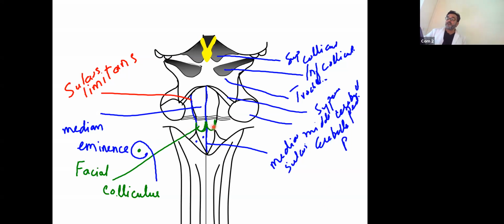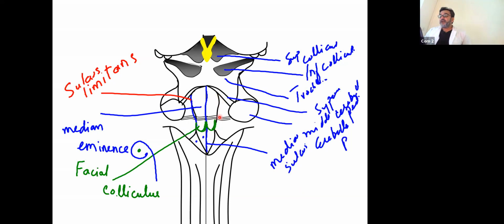The lower part of the median eminence forms a collar-shaped structure, which is called the facial colliculus. So the rounded portion of the lower part of the median eminence forms the facial colliculus. This happens because the facial nerve curls around the abducent nucleus. So it forms a collar-type elevation at the floor of the fourth ventricle, and that is called the facial colliculus.